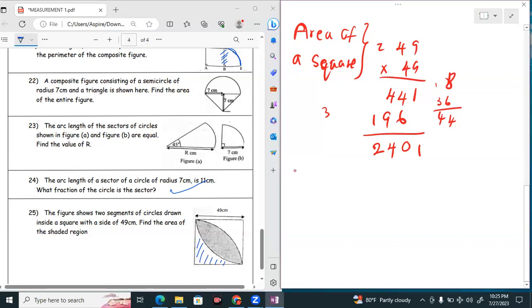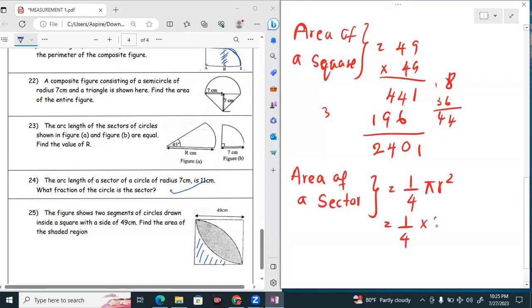Then to find the area of a sector, the area of a sector is 1/4 into πr squared. That means 1/4 into 22/7 into 49 into 49.